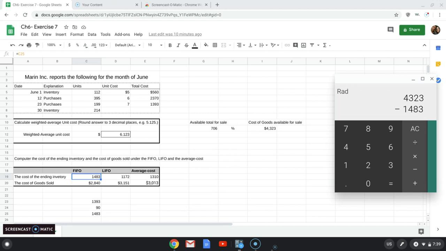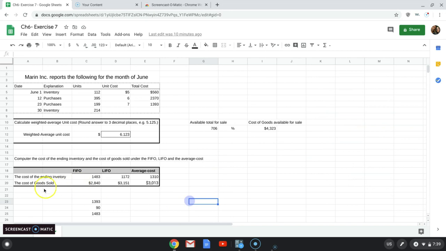We're gonna enter, and this is the 2,840, and that is the total cost of goods sold on FIFO.